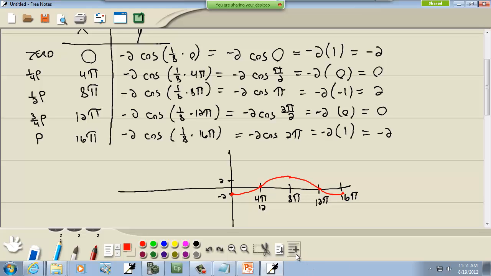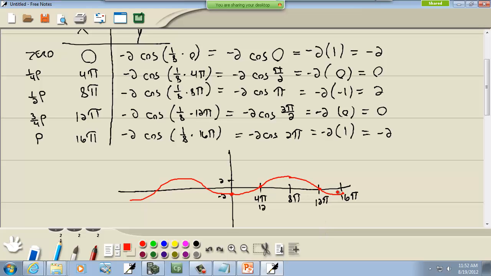And as good as I can get it, that's one period. Let me eyeball this and try to do a second one maybe. That's probably as good as I'm going to get. So that would be our graph.